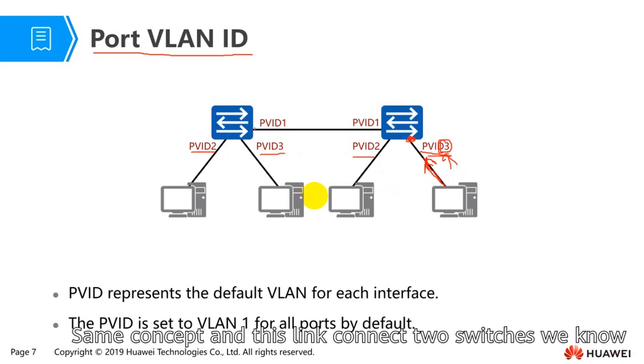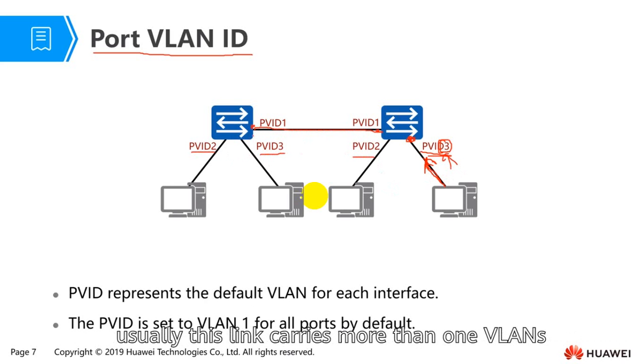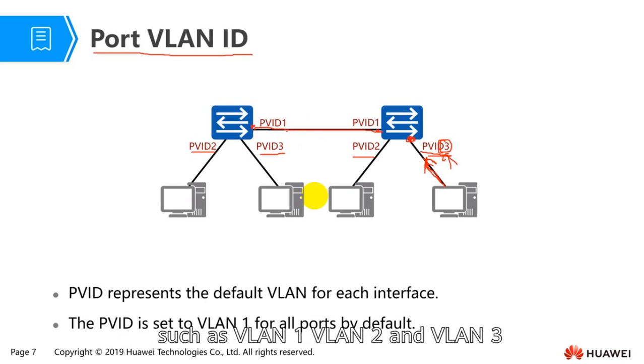And this link is connected to switches. We know usually this link carries more than one VLAN, such as VLAN 1, VLAN 2, and VLAN 3, all carried on this physical link. So this is a trunk link.